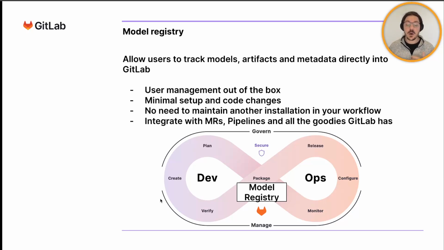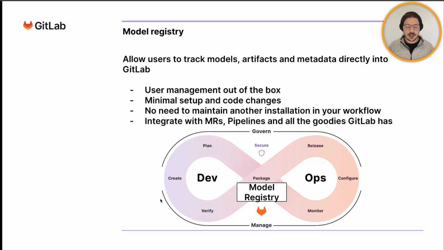We want to provide the data scientists with minimal setup, meaning no creating a new server for a new tooling and something completely new, but also minimal code changes. If you have something working, we want to avoid the data scientists having to change their code just so that they can use GitLab.